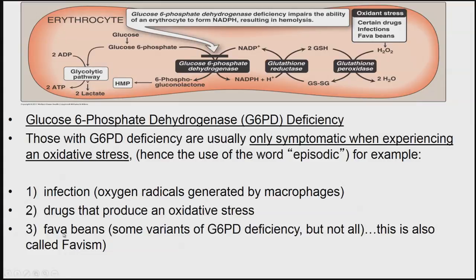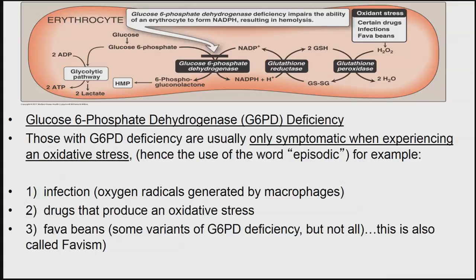And oddly enough, there are some versions of G6PD deficiency where fava beans can create enough of an oxidative stress that you will see the hemolytic anemia and symptoms. Fava beans are a staple in a Mediterranean diet, and you also see a high incidence of G6PD deficiency in Mediterranean regions. You'll also see the term favism, which is a G6PD deficiency.